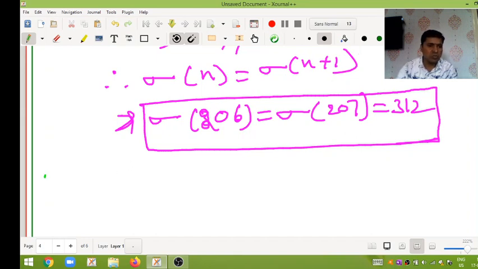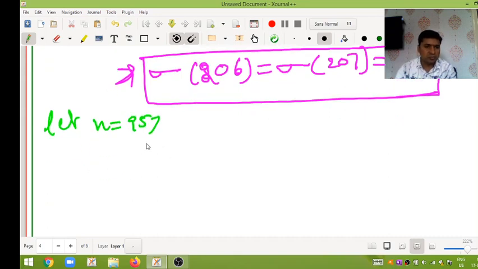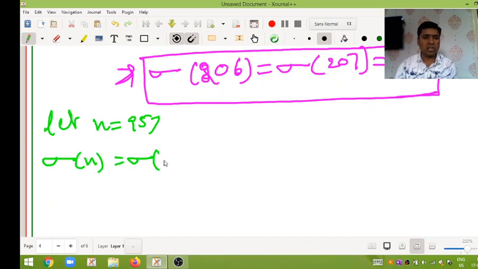Similarly, we have to check for 957, 958. Let n is equal to 957. So that's why we want to check sigma of n value. Sigma of n is nothing but sigma of 957. 957 should be converted into prime factorization.